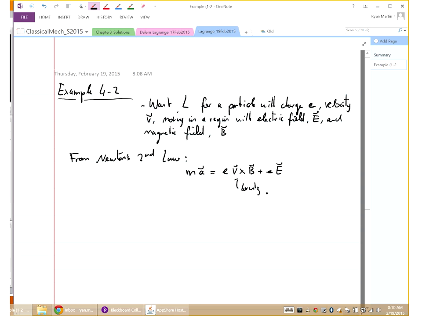So that's the Lorentz force for the magnetic field, that's the electric force. So whatever description we have, hopefully will give us that equation of motion.